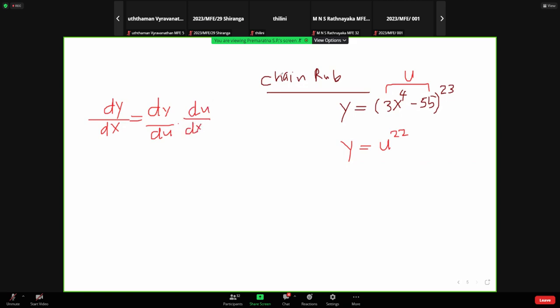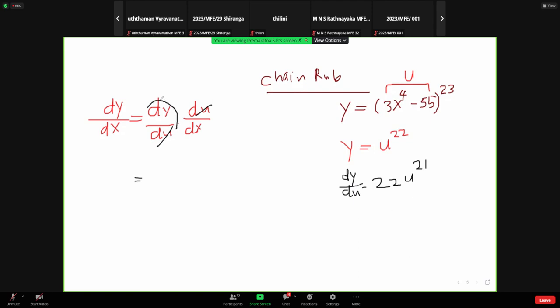Now simply if you look here carefully, the du cancels and they come back to the same one. Now in our example, if you differentiate the first part, dy with respect to du, you can see the answer from previous rules, you get 22u²¹.